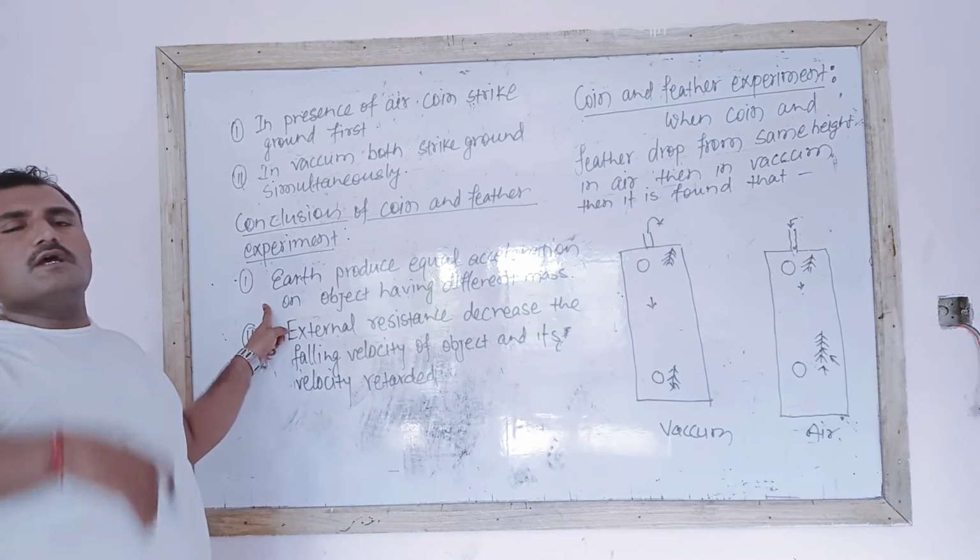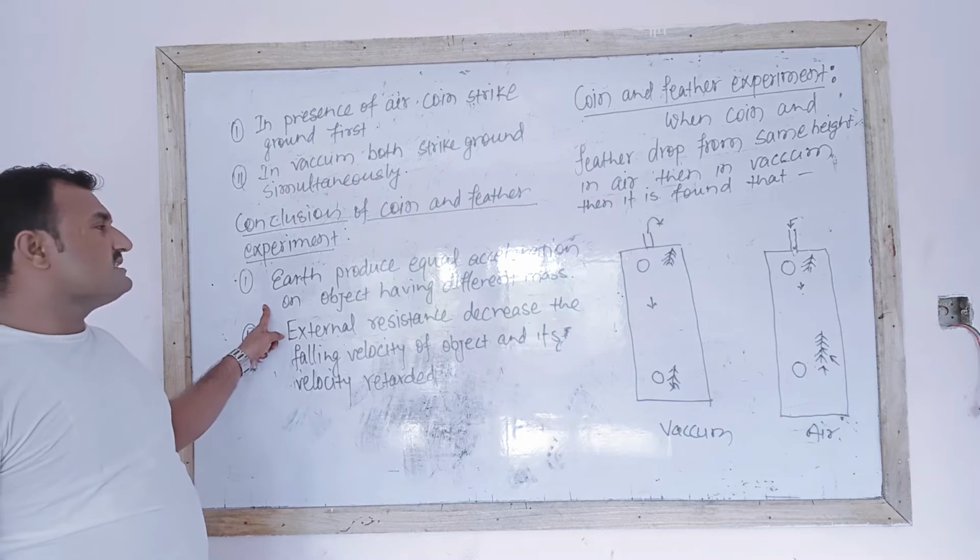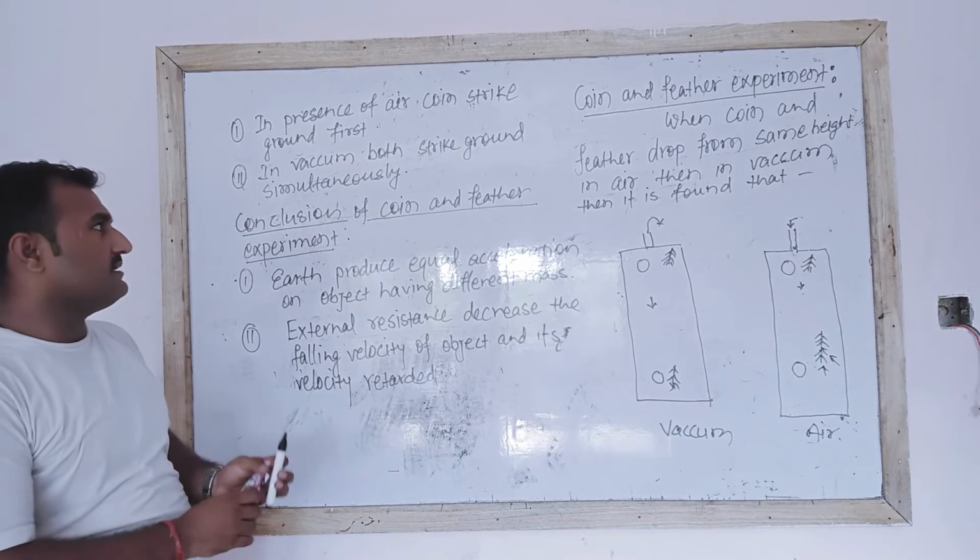Falling velocity or equal acceleration is produced on all kinds of objects. Whether the object is lighter or heavier, it doesn't matter.